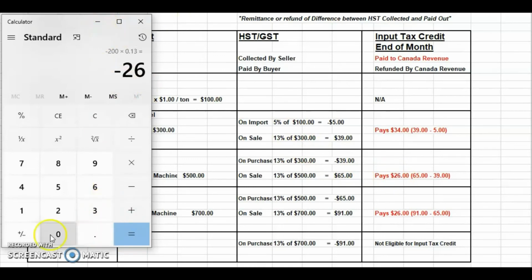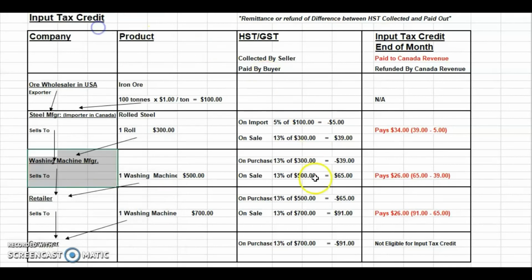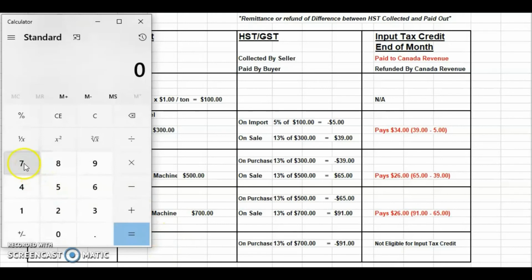Let's take a look at the next one. Let me just clear this. The next one, the washing machine manufacturer sold the washing machine to the retailer for $500. The value added on the washing machine is $200. The retailer purchased it for $500, but sold it for $700.